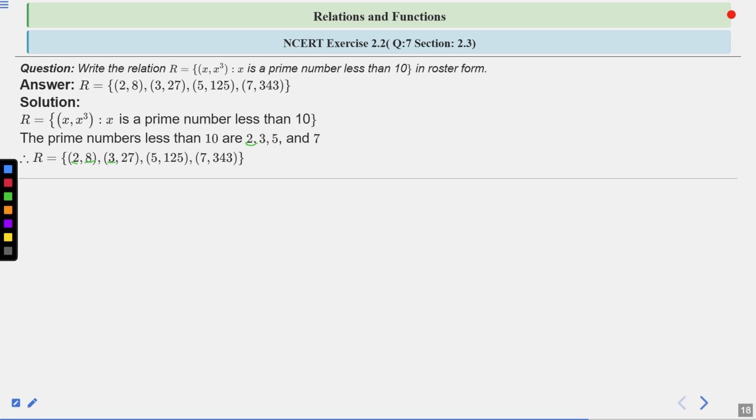If x is 3, then the second element will be 3 cube, which is 27. If x is 5, then 5 cube will be 125. If x is 7, then 7 cube is going to be 343. Clear?